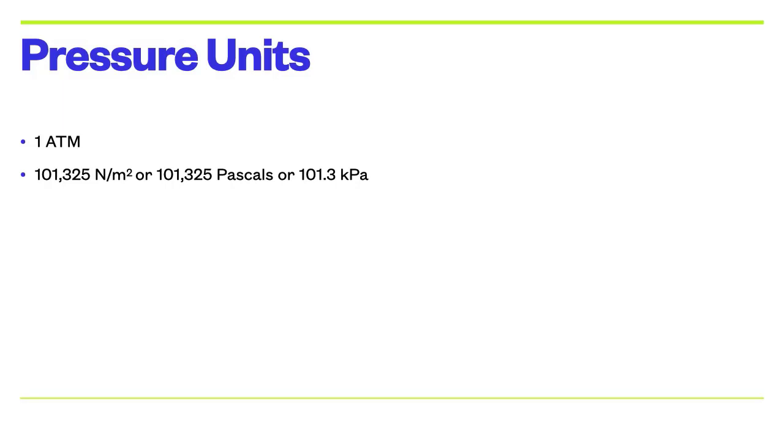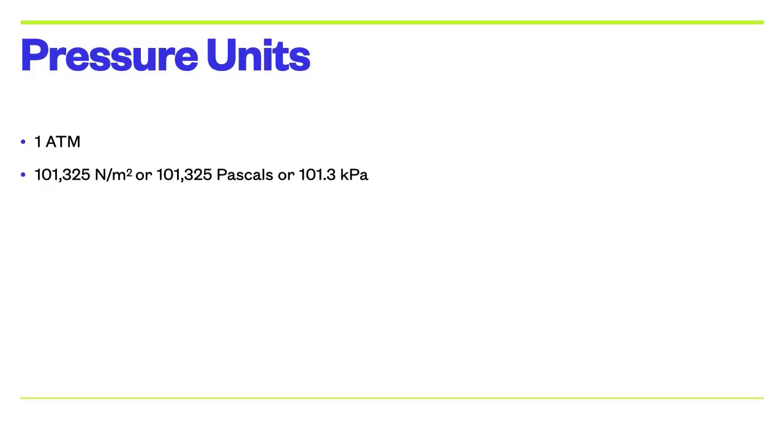So if on the ground at sea level you draw out a square 1 meter by 1 meter, and that column of air, which is standing on top of that, would end up weighing 101,325 newtons. But remember, a newton per square meter was kind of long and hard to say, so we shortened that and we just call that a Pascal. So standard atmospheric pressure, 1 atmosphere, is 101,325 pascals.